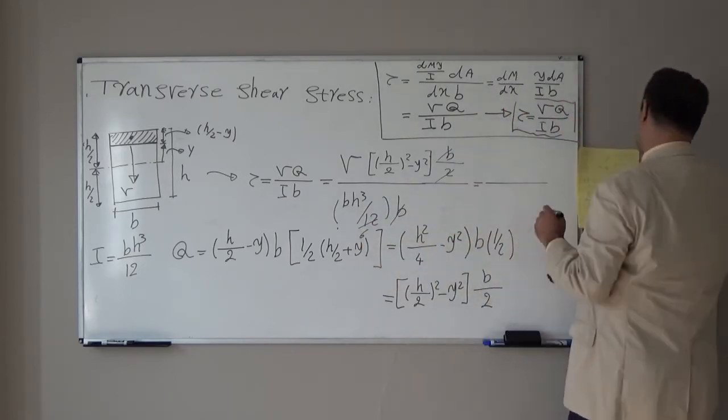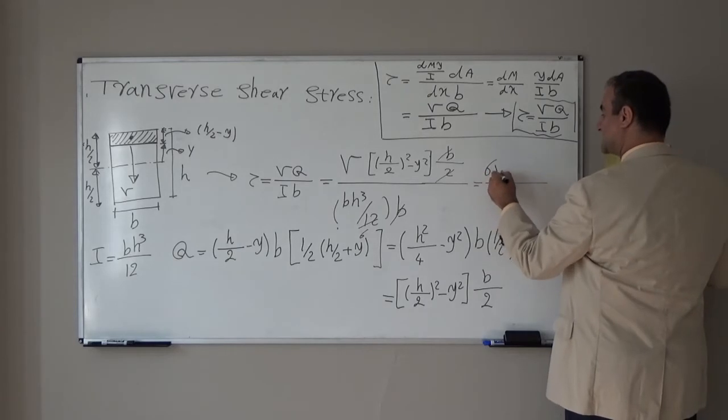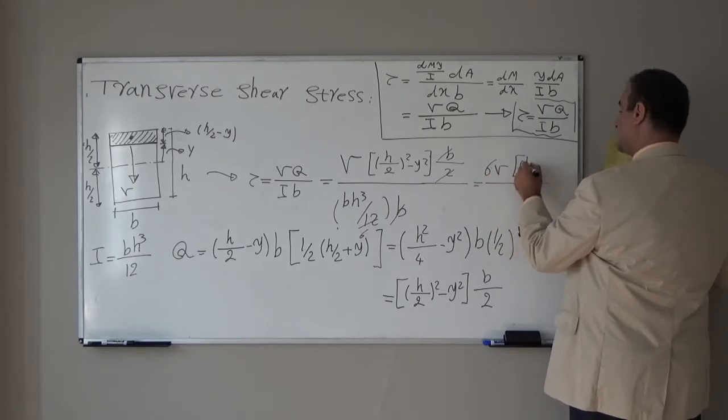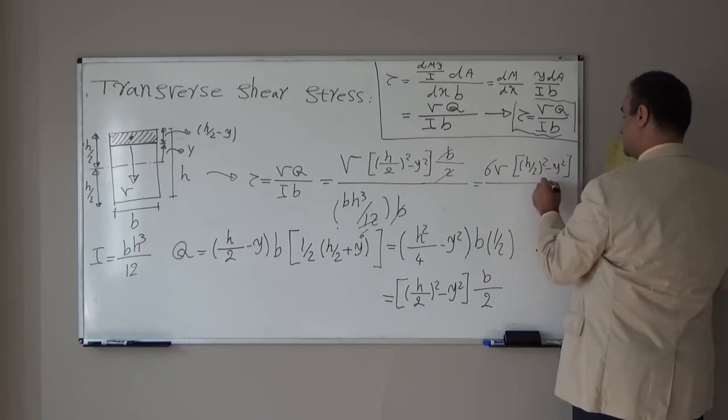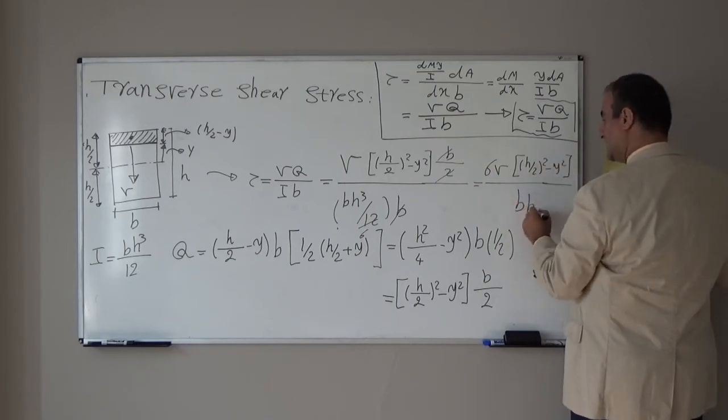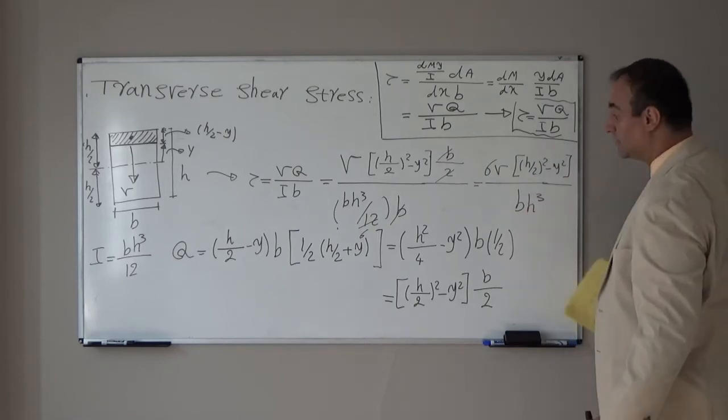Finally, I can simplify to 6V times H over 2 squared minus y squared over B H cubed.